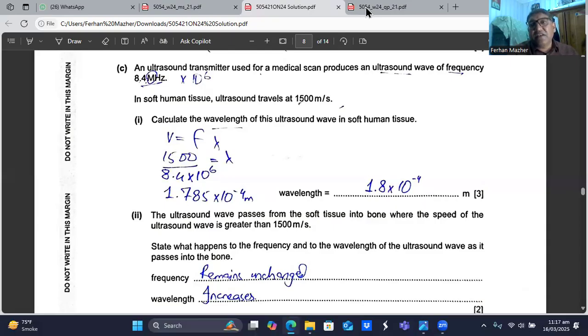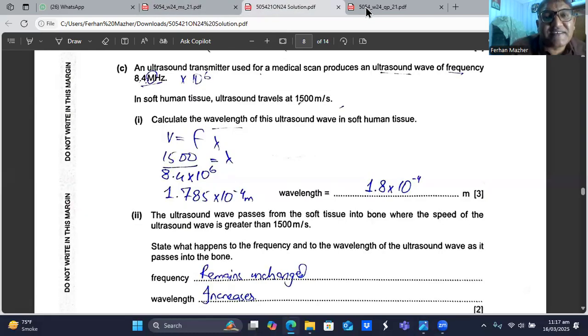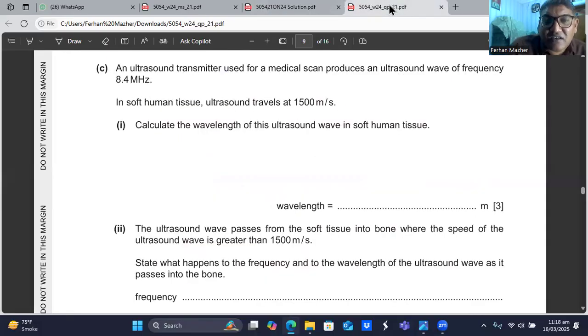So 1500 divided by 8.4 × 10^6, and the answer will be 1.785 × 10^-4, about 1.8 × 10^-4 meters. 1.8 × 10^-4 meters is the wavelength. I hope you understand. This is how this is done.